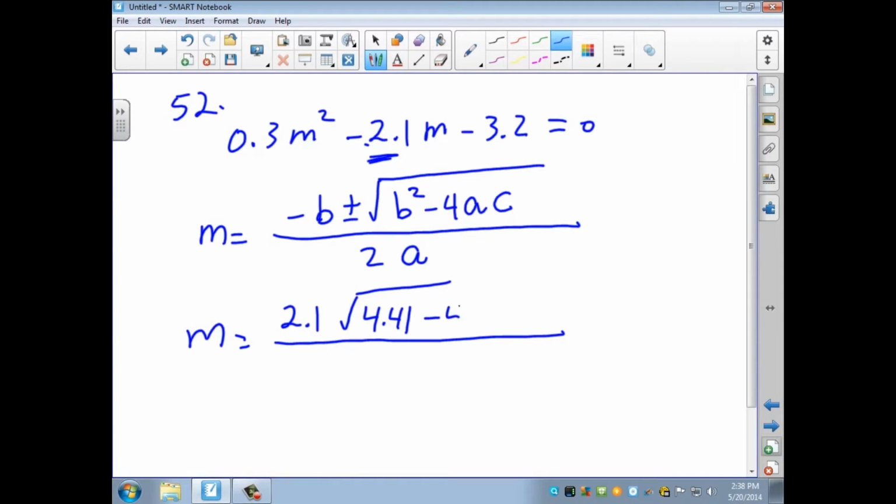Minus 4 times a, which is 0.3, times c, which is minus 3.2, divided by 2a, that's 2 times 0.3.